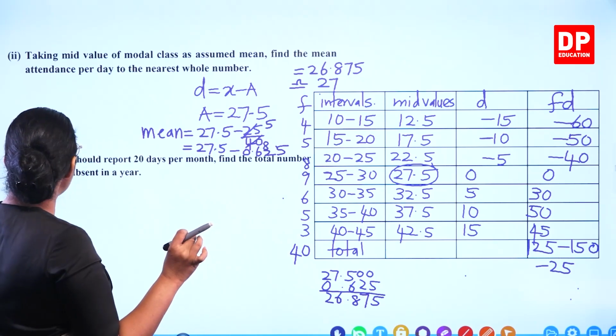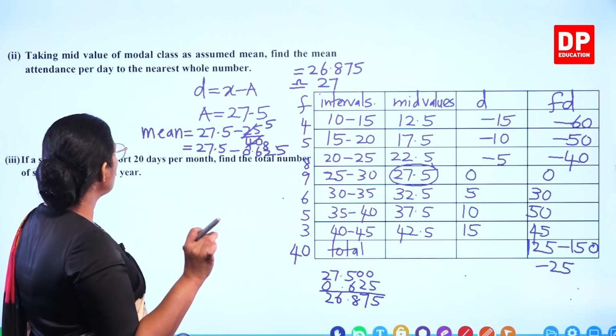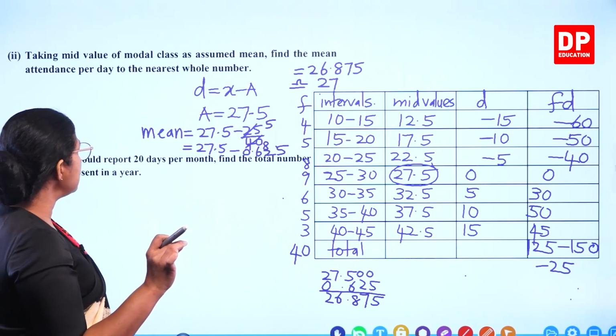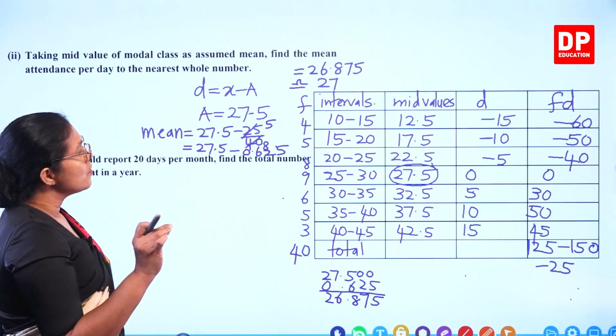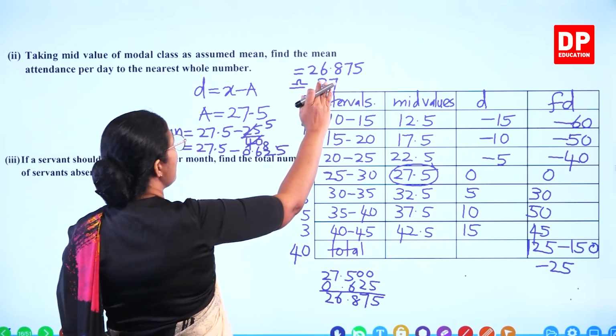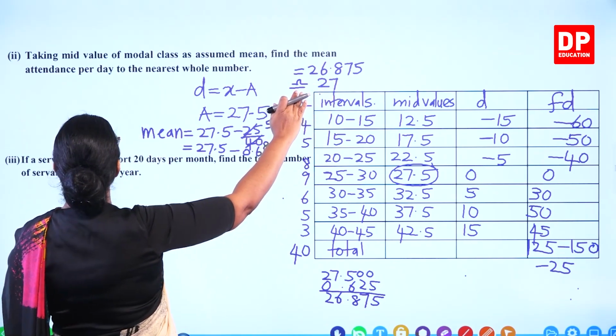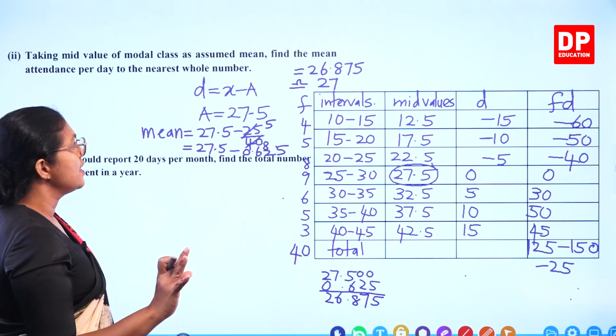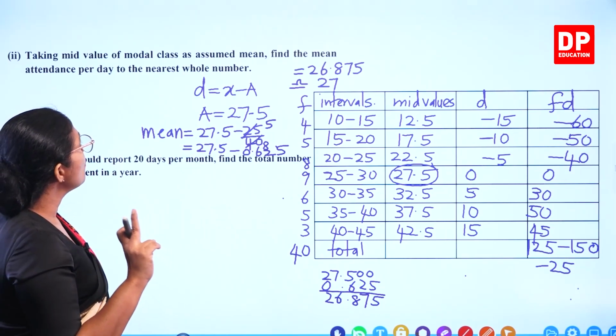Then the next part: if a servant should report 20 days per month, find the total number of servants absent in a year. So here this is 27. This is for a day, and this is for 40 servants. So what about one servant?